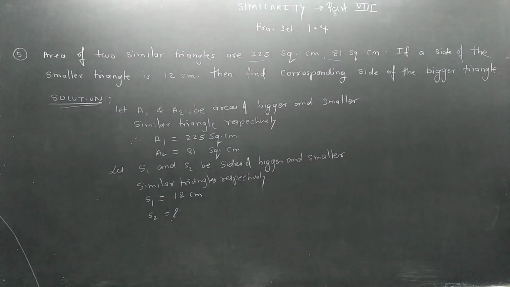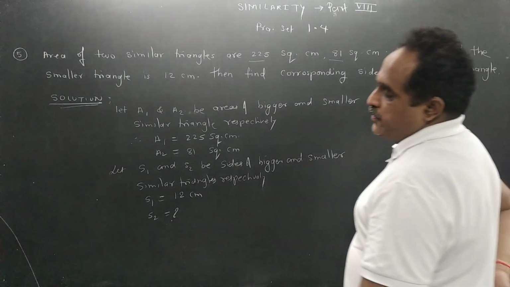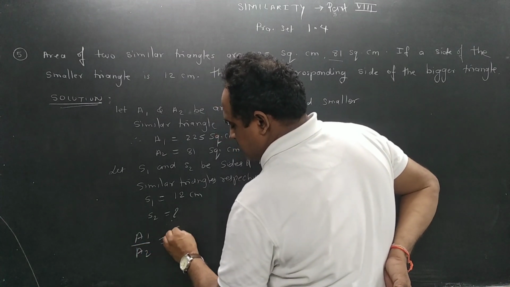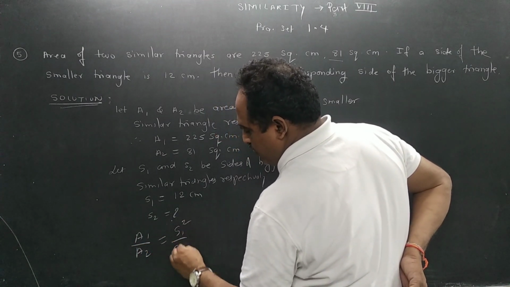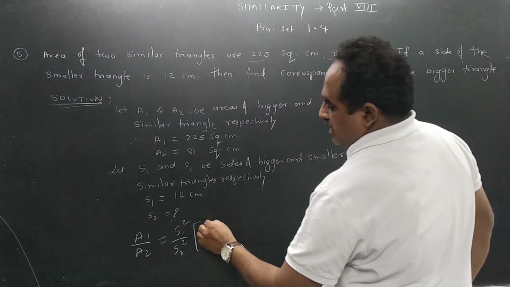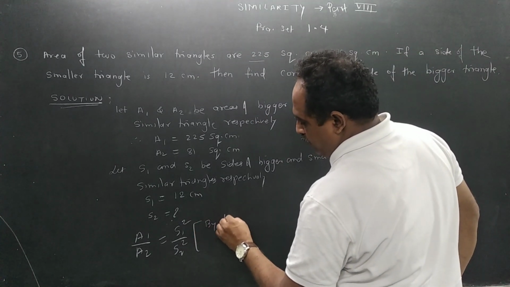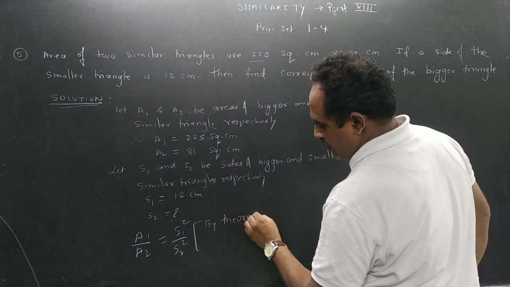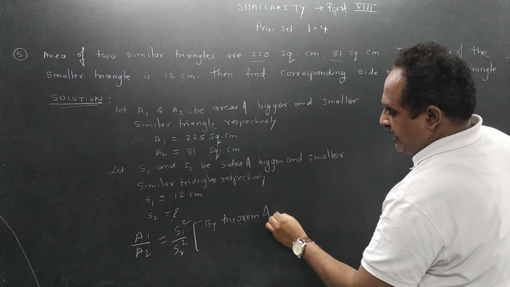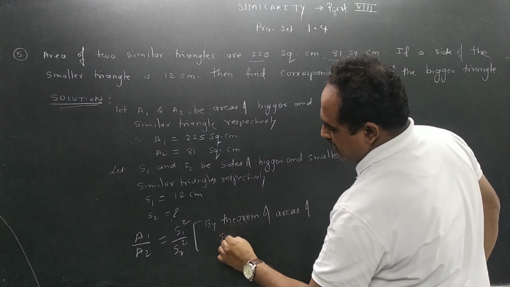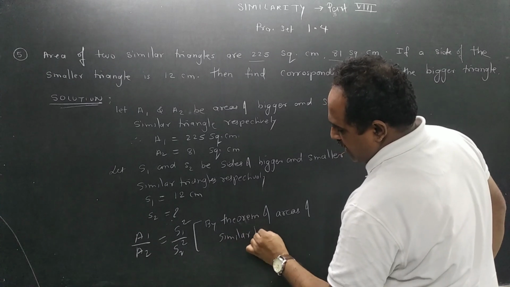As they are similar triangles, I am going to write A1 upon A2 is equal to S1 square upon S2 square. What is the reason for it? By theorem of areas of similar triangles.